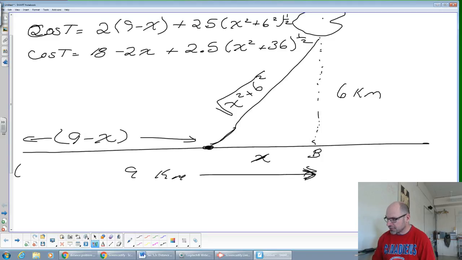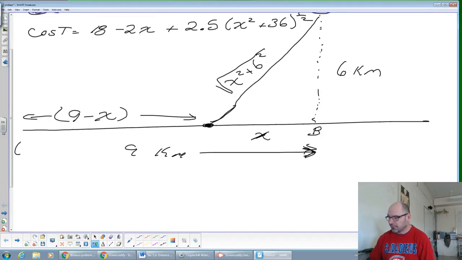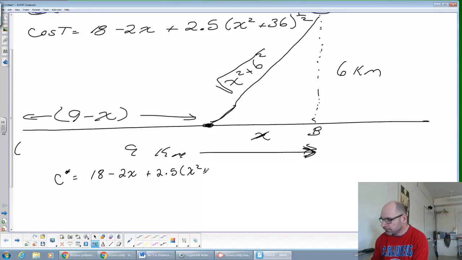Remembering she lives here. So C prime is going to equal 18 minus 2x plus 2.5 times the square root of x squared plus 36. I'm just going to write it here first and then do the derivative. So let's go ahead and take the derivative now of this full expression.